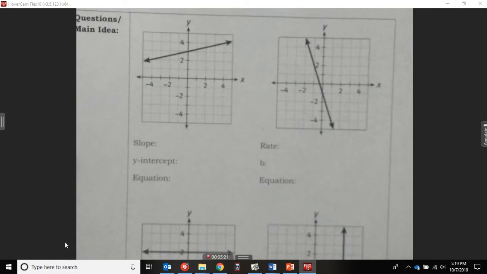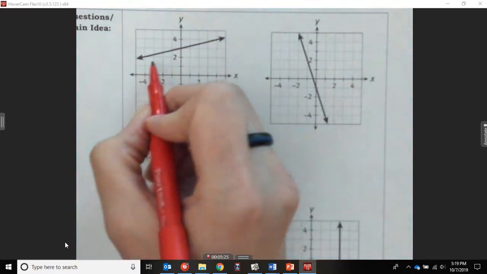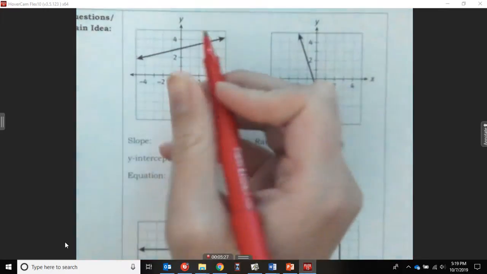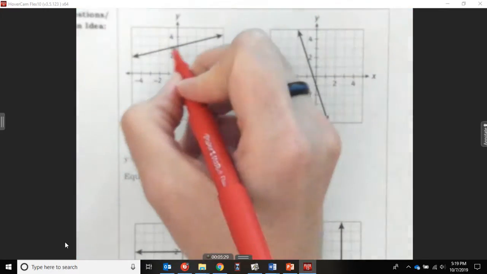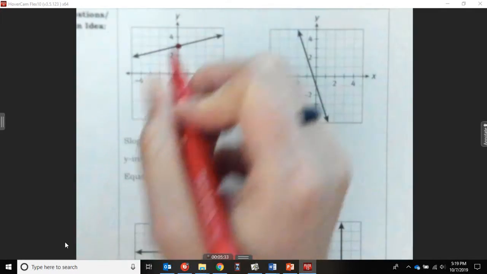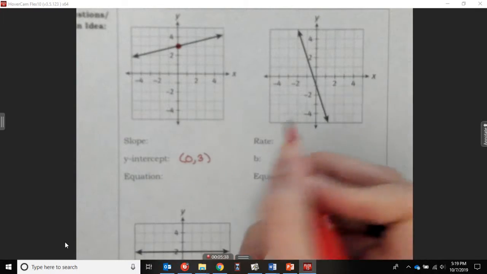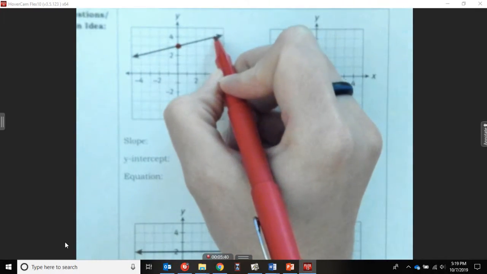So on the back, we have some graphs here. The first thing you should say is, oh, this is a positive slope. And so I need to pick 2 points. I like to pick the y-intercept if possible. That is 1, 2, 3. So my y-intercept is (0, 3). Then I'm going to pick another point. Here's another good point.